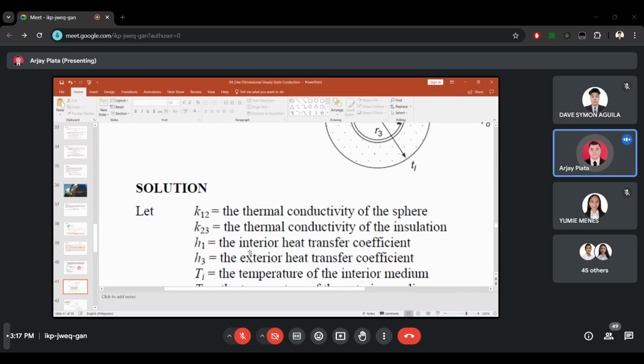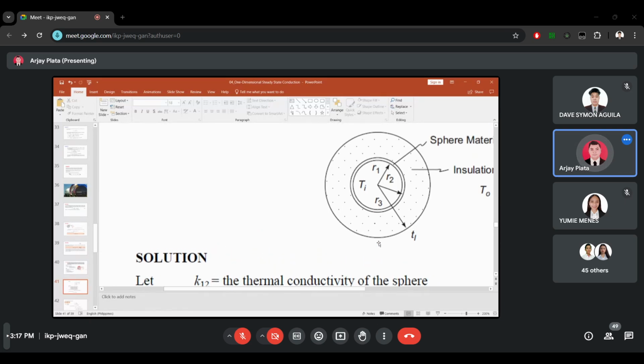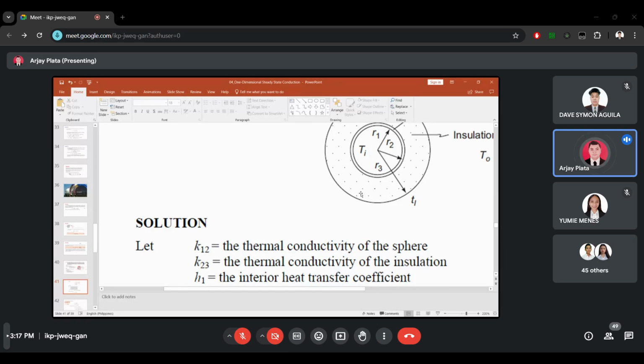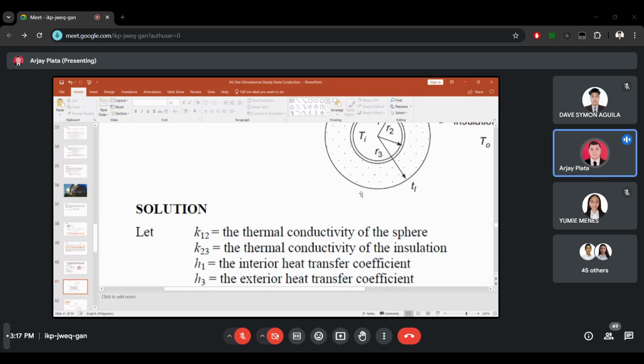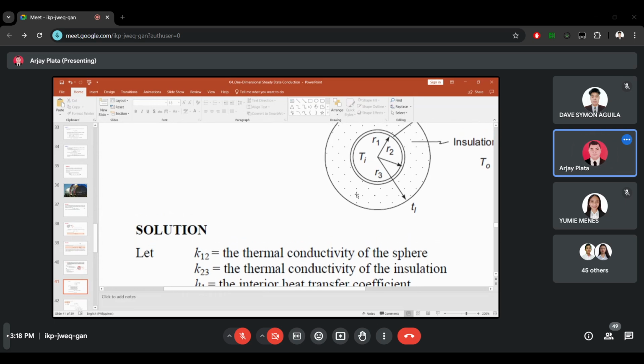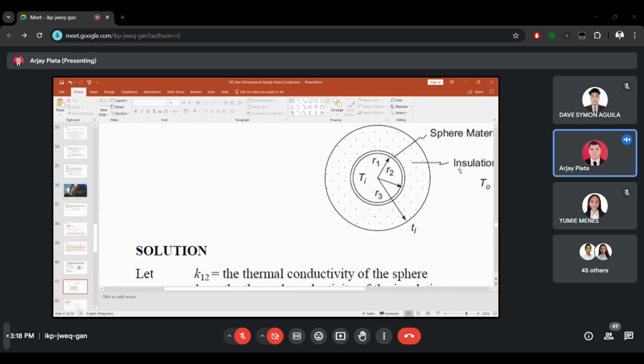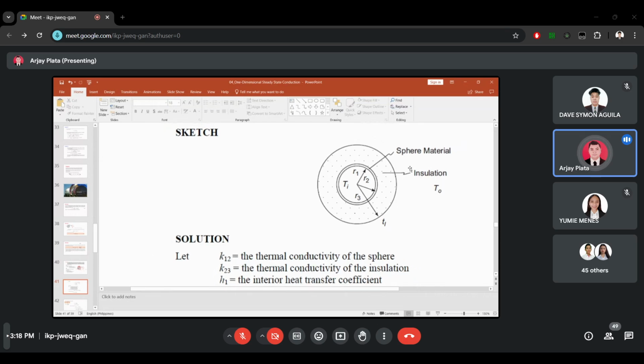So H1 is the interior heat transfer coefficient. H1 is inside. It is the interior heat transfer coefficient of, let's say, steam, so inside the sphere is steam. H3 is the exterior heat transfer coefficient, so probably air moving outside the sphere.